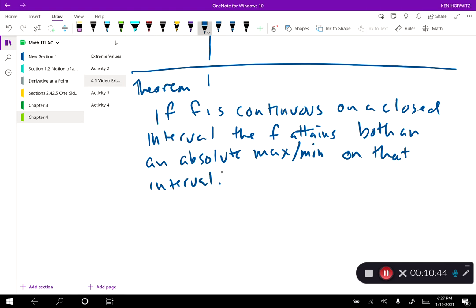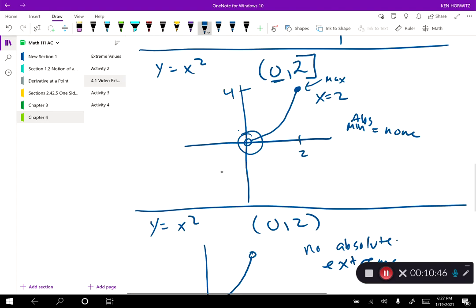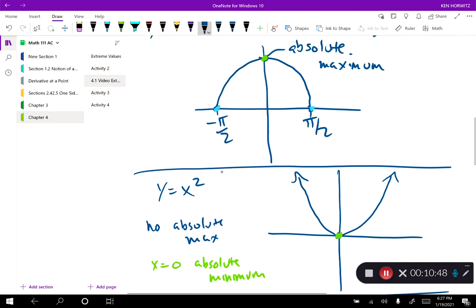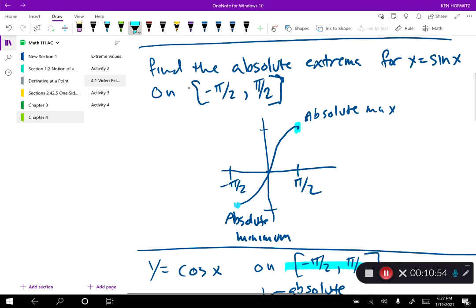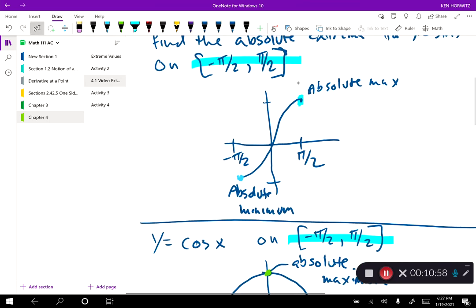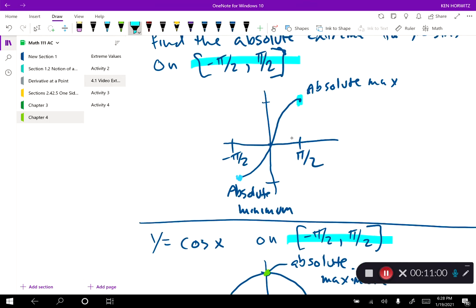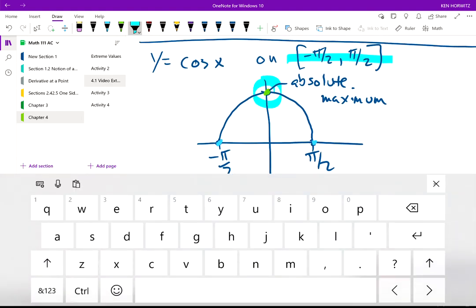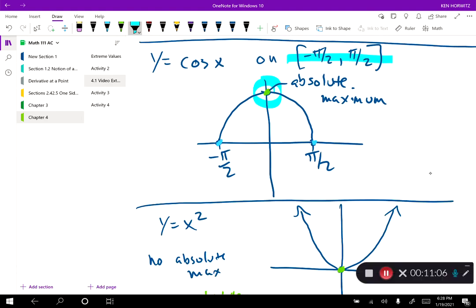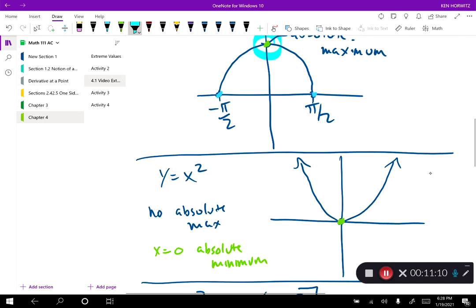Basically, what this is saying is that if you have an interval that's closed at both ends, so for example, this example here, closed at both ends, you have to have an absolute max and min. Could be at the extremes, in this case, could be in the middle, but as long as the interval's closed, you will have an absolute max or min on that interval.